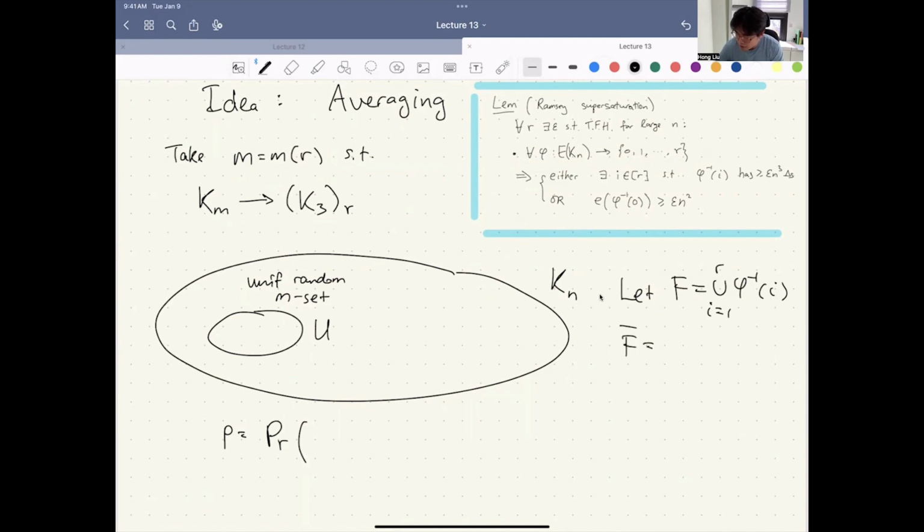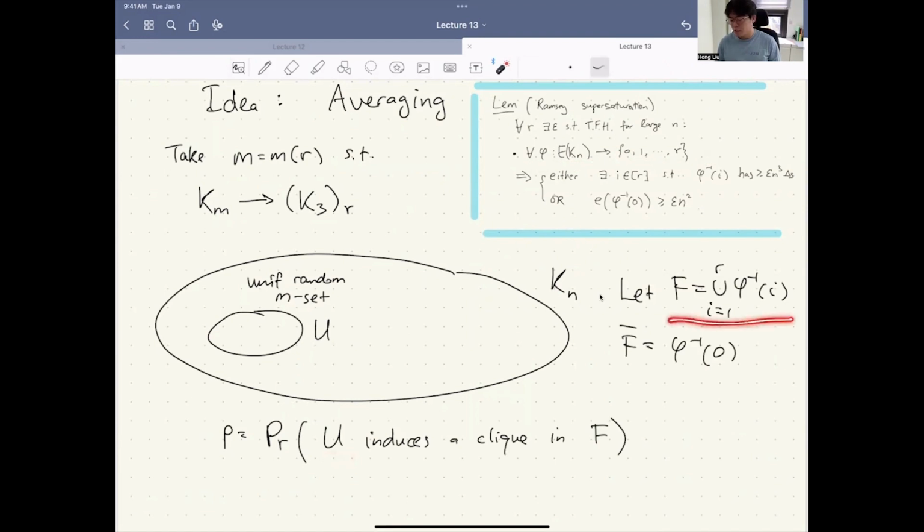So F bar is just the zero color. We let p be the probability that this random m-set U induces a clique in F. What's good about it? If U is complete in the first r colors, then we know U has size m, so by Ramsey there must be a monochromatic triangle there.